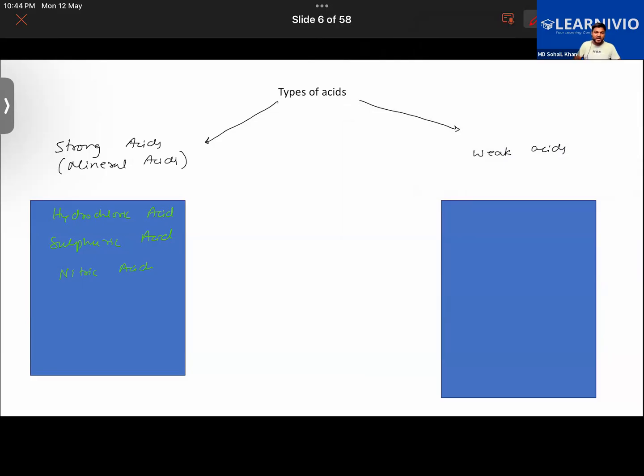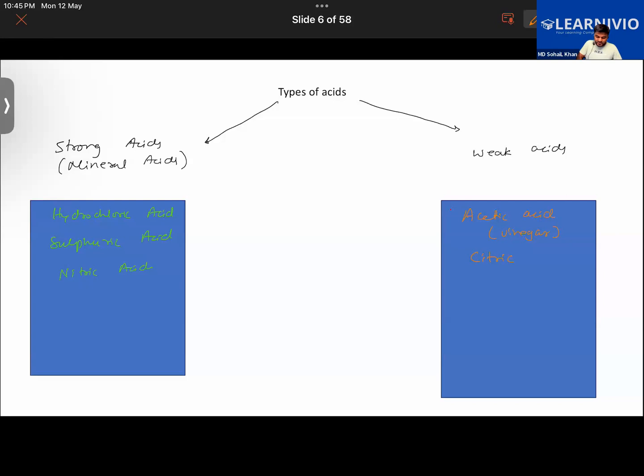Weak acids are found in natural substances. They are edible in nature. For example, acetic acid is found in vinegar, also called sirka. Then there is lactic acid.